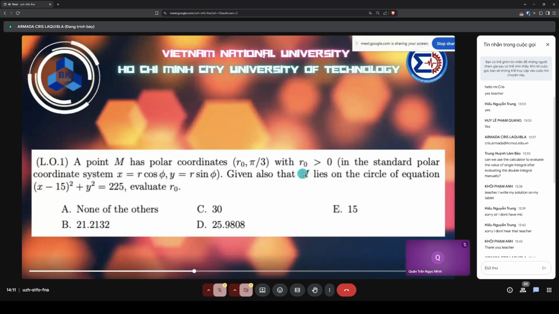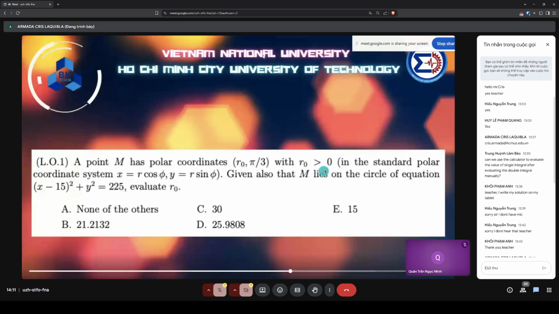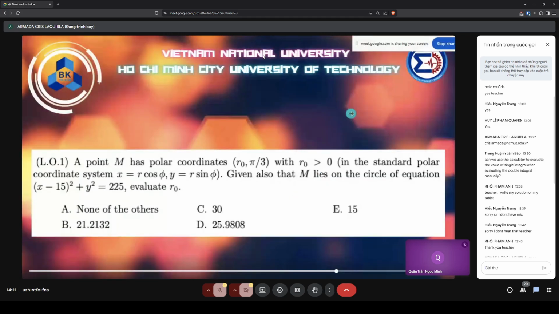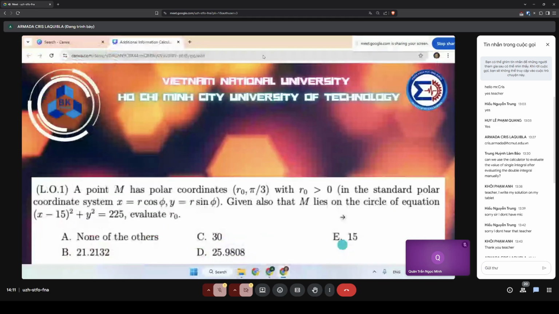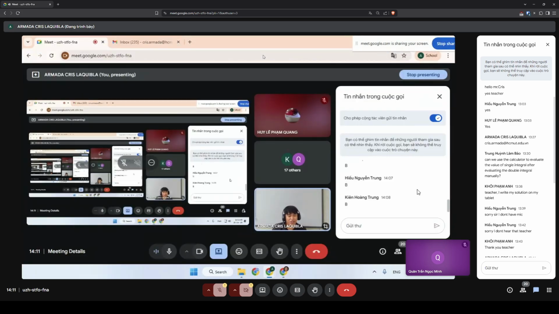It means that your r sub o will never be 0. So we have to pick 15, and the answer is letter E. Can I see it in the chat box? So, got letter E? No one.